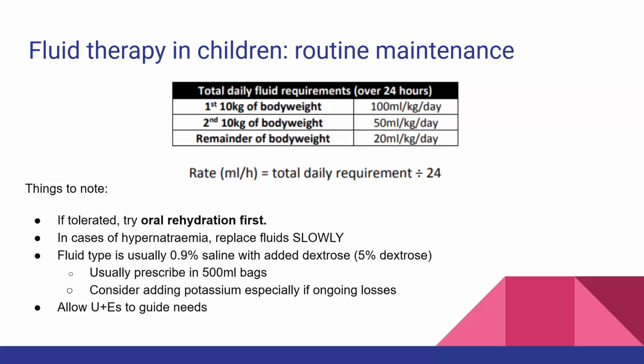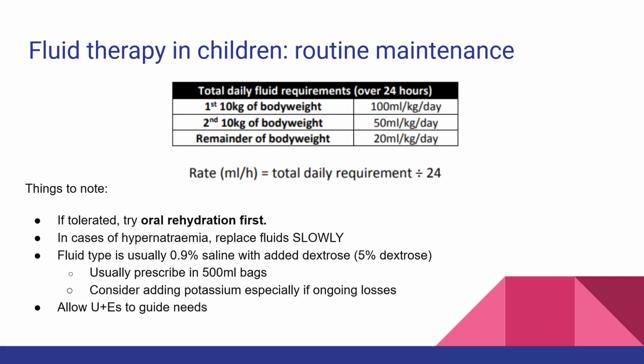I think they do 10 millimoles of potassium in their 500 bag. And then you really want to add potassium if they're having losses. Again, in DKA they need lots of potassium. But generally you allow your U&Es to guide how you're going to adjust things.